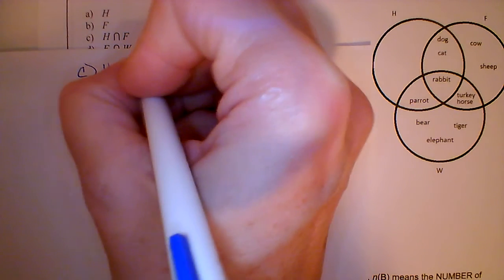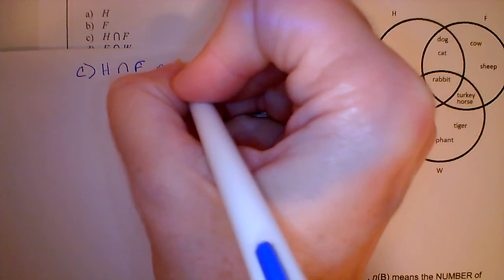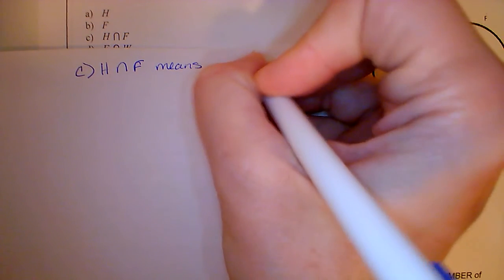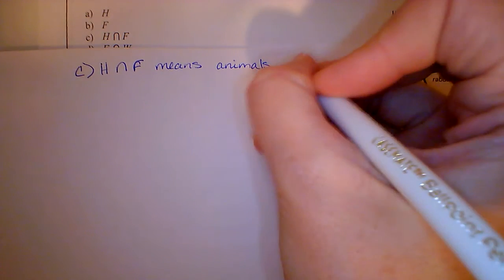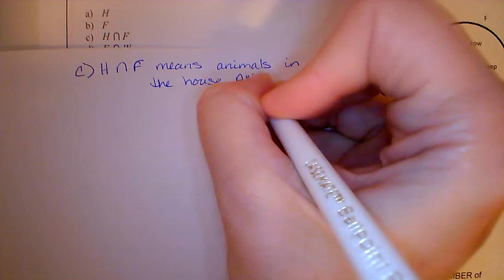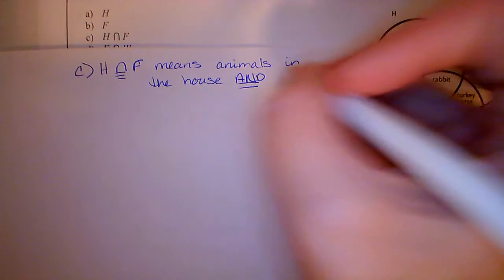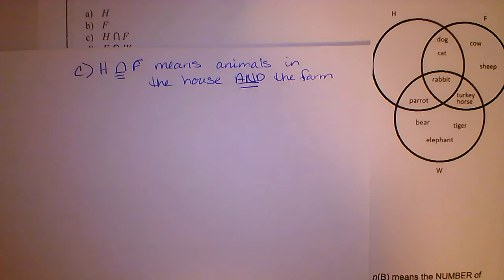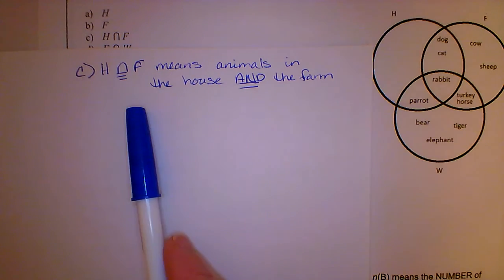So part C has H and F. H and F means animals in the house and that little thing there means and the farm. Okay, so I need H and F.